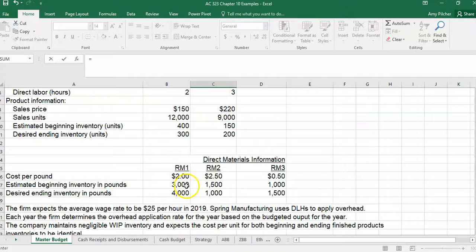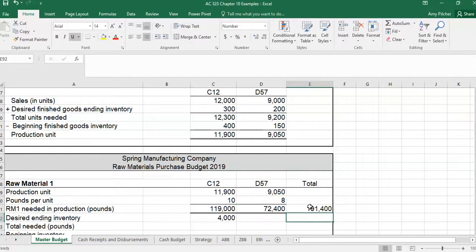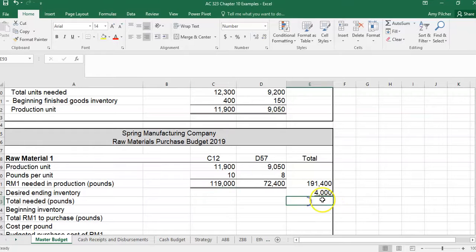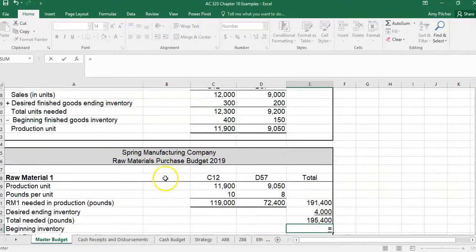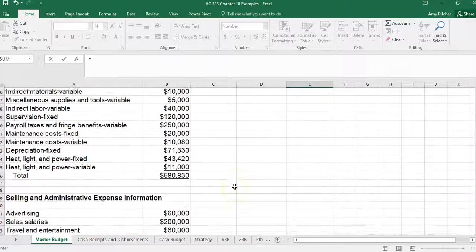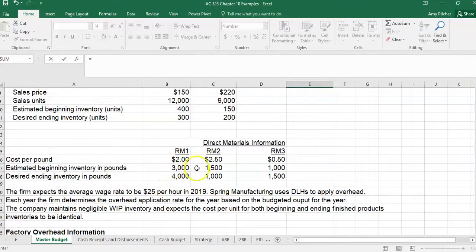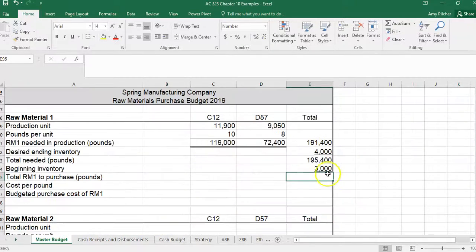So our total needed for pounds, we then subtract our beginning inventory, and that tells us how many pounds we need to purchase.